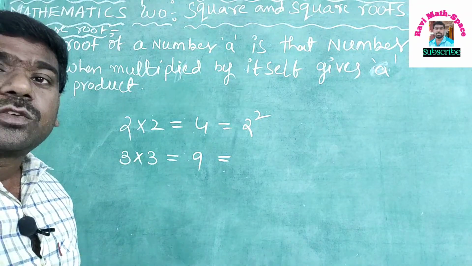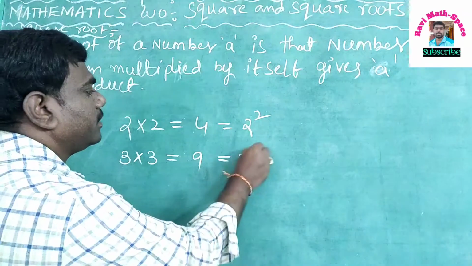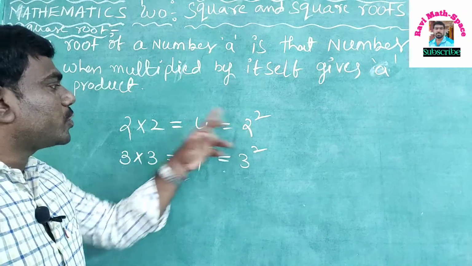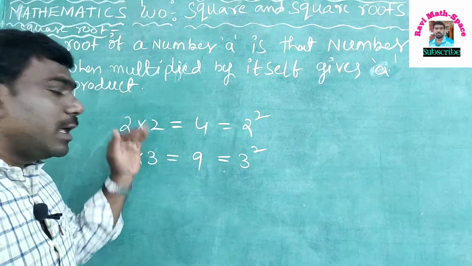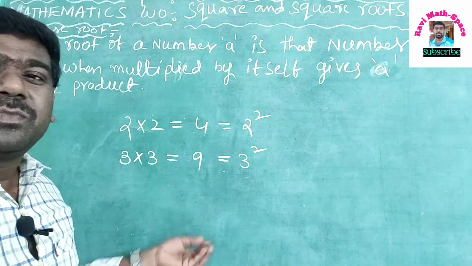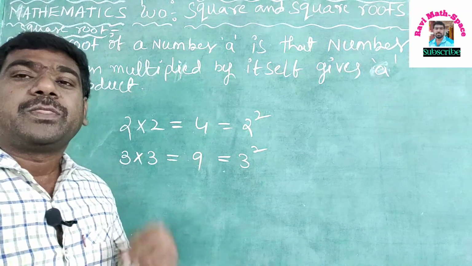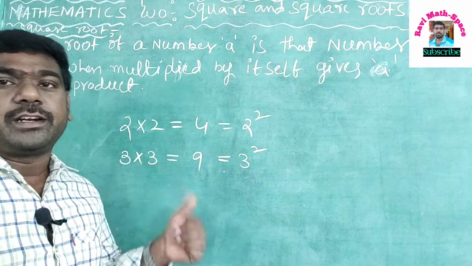I can write this as 3 square. 3 square is 9. 2 square is 4. Like this, we can write the square of every number. Very simple definition. Multiplying a number by itself, the result you get is called the square of that number.